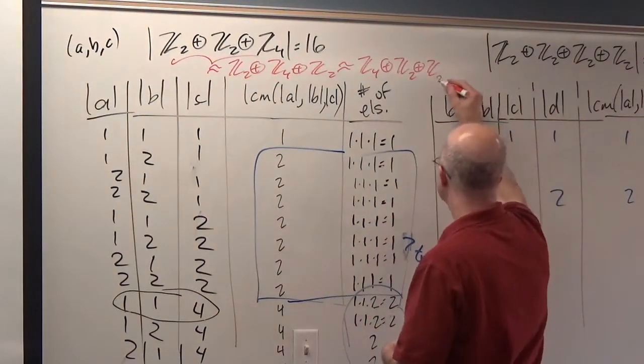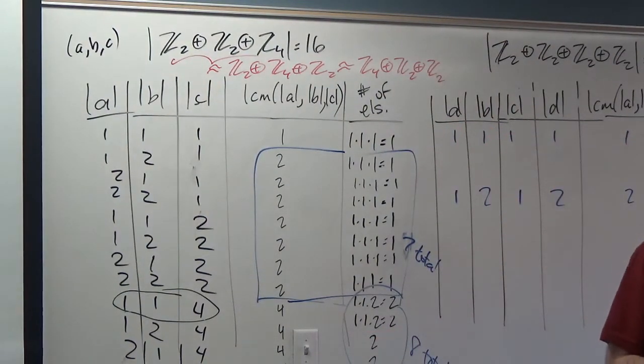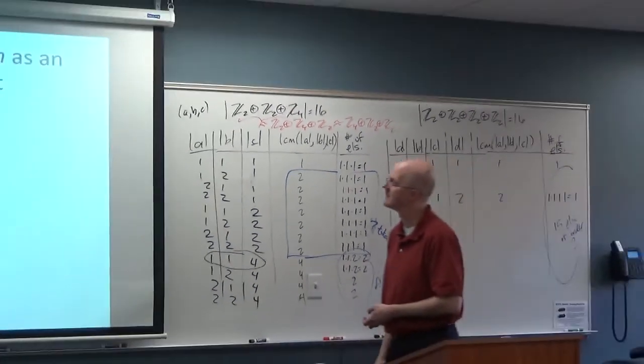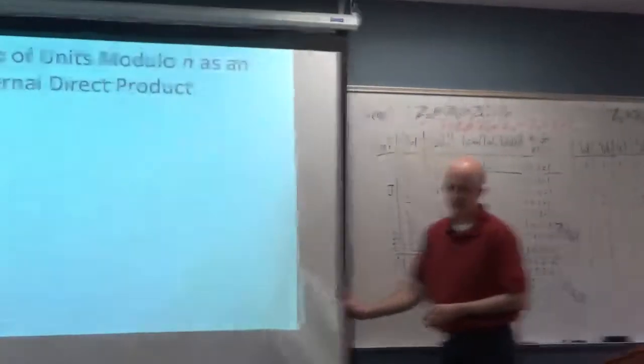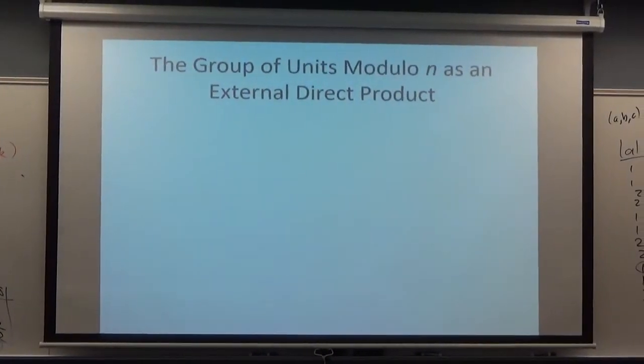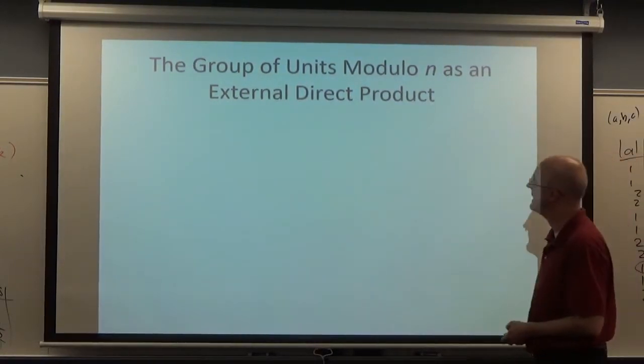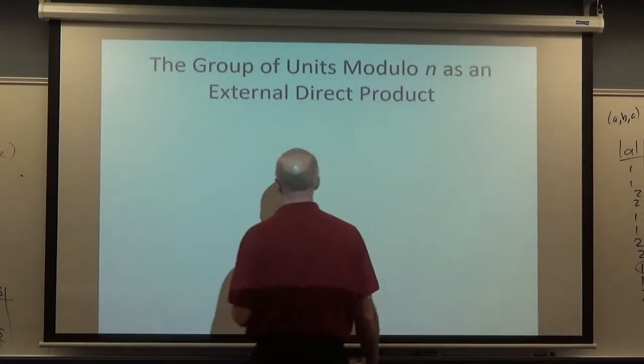They're not technically the same groups, but they are isomorphic, so we sort of think of them as effectively being the same. More facts in the reading that you're going to make use of on homework and you should know for exams.